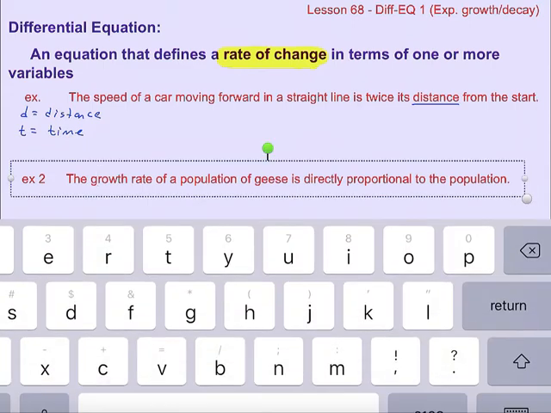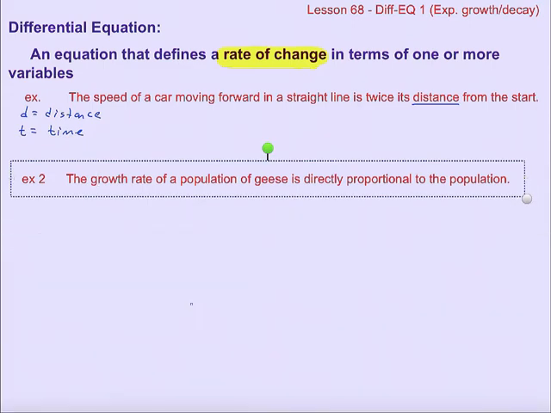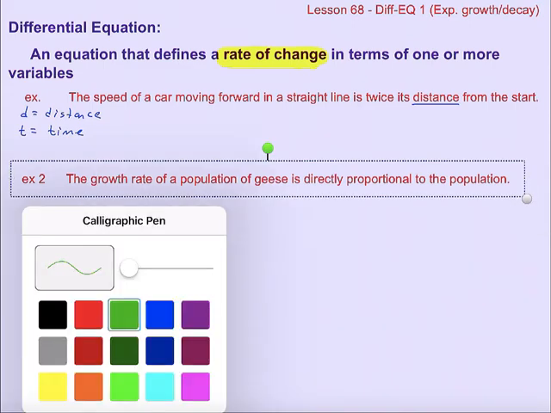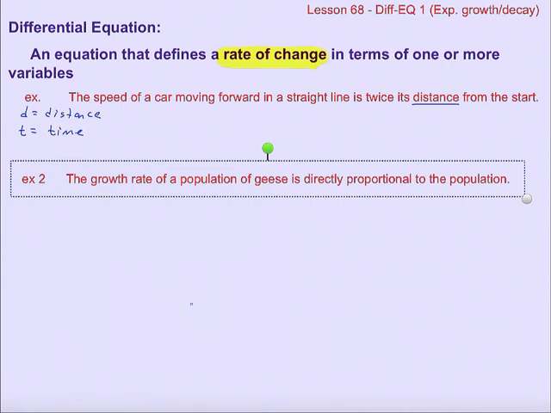But then there is another variable that's discussed in this problem that's a little bit hidden, but it's there.